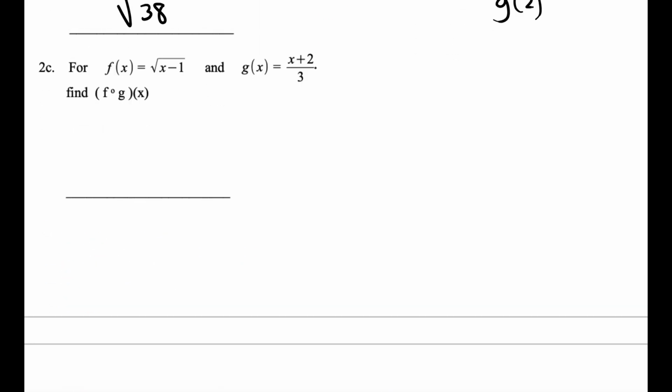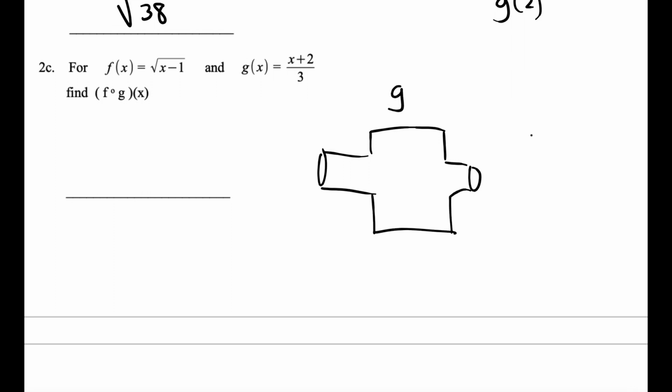Okay, so they give us two functions, f and g. They want us to find f of g, so we assume that g is gonna be the function on the left here. And then here's the function f.